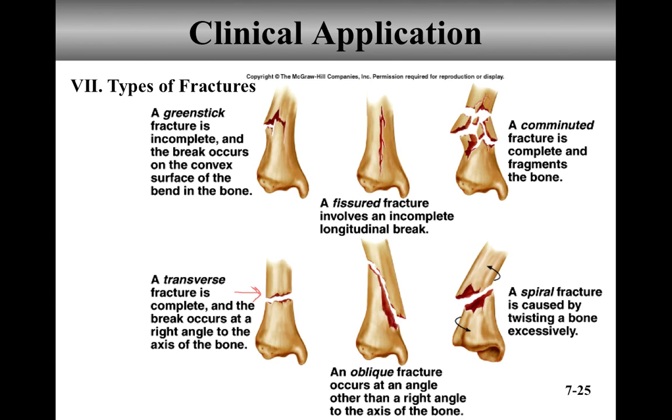I've only heard of a couple people that have got a spiral fracture, but basically this bone, you can see this side is the front of the bone here, and this is the back of the bone. So this bone was grabbed by something or someone and twisted and broke from that twisting. That's a sad thing to see, but it can happen from all sorts of different things. So that's a spiral fracture.